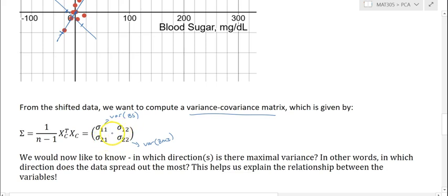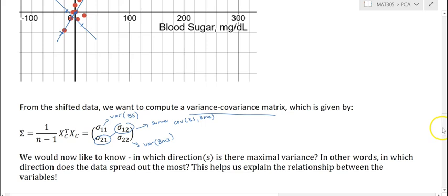And then these two values here, by the way, are the same, because it doesn't matter whether you consider the covariance between blood sugar and BMI or the covariance between BMI and blood sugar, you're still comparing the same two variables. So this will be the covariance between blood sugar and BMI. It will tell us to what extent they vary together.